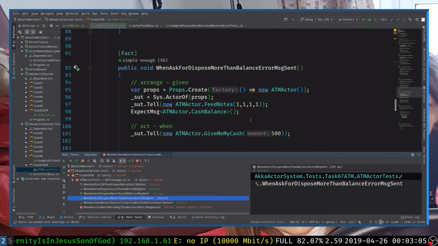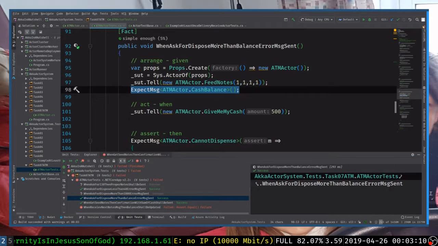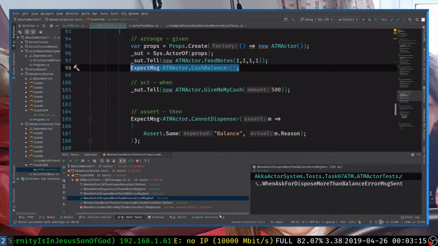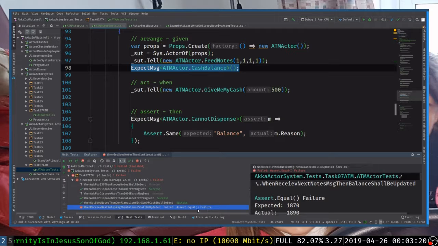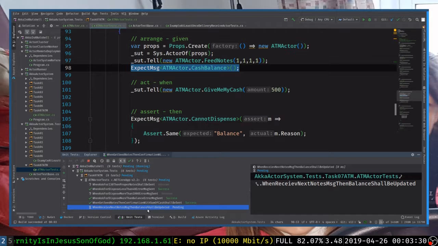Okay, so that was probably half, so we have this. If you want more, then that's covered, so we will receive next notice. So we wrote this. Run this one to validate that we didn't change anything.